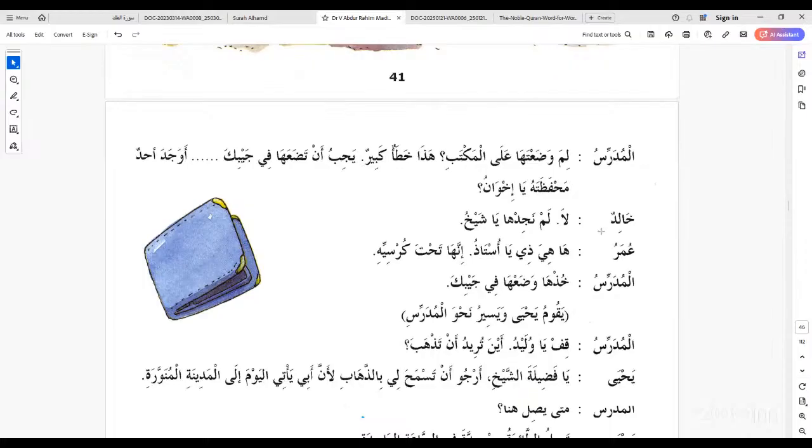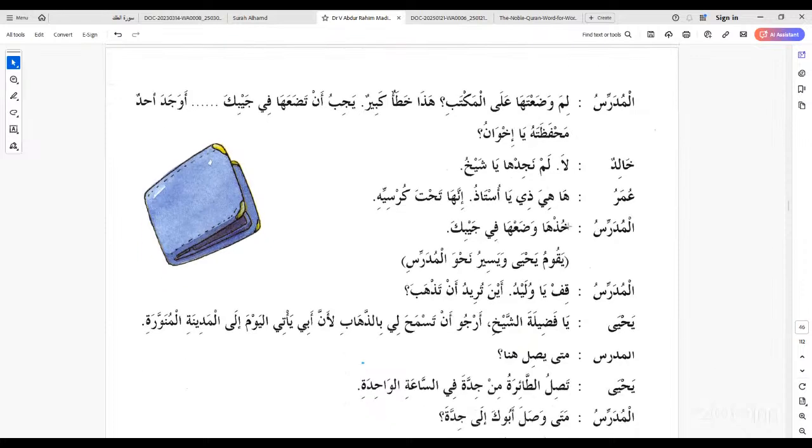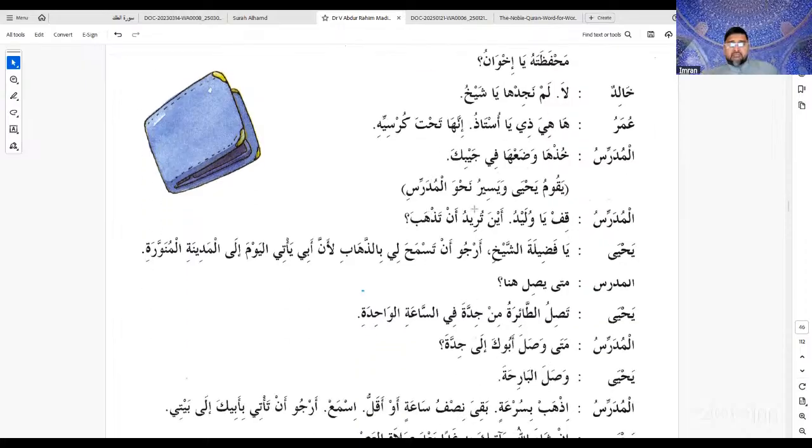Amrun, sister Shalabano. Here it is, O Sheikh. It is under his chair.